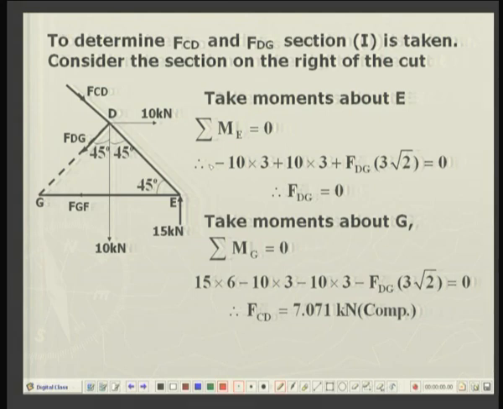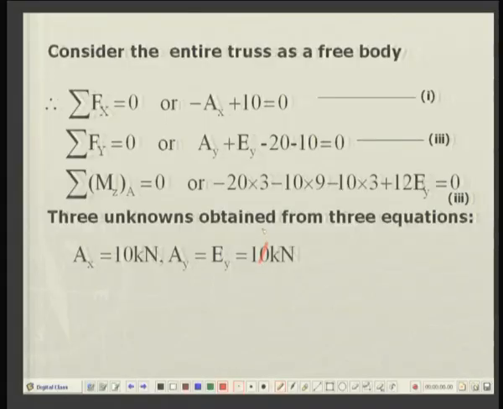So, here is a, just a minute. So, let us see, here we will be having, if we solve for 10 plus A plus, there is an error here, this should be 15 kilonewtons, because Ay plus Ey is 30 and both will come out equal.